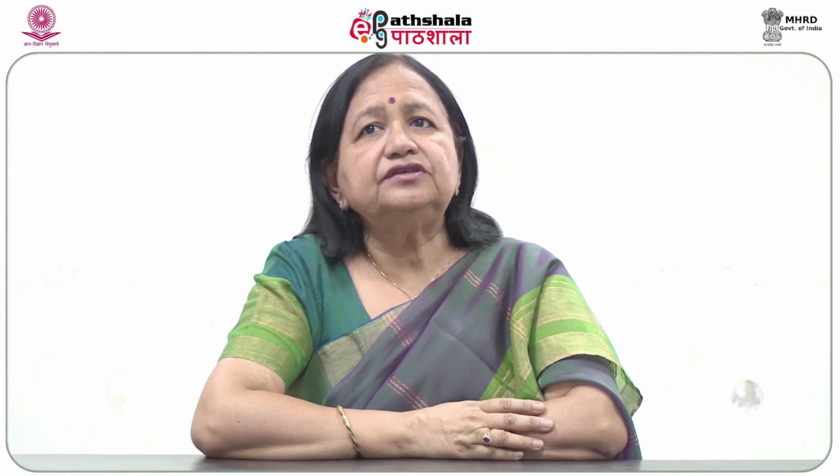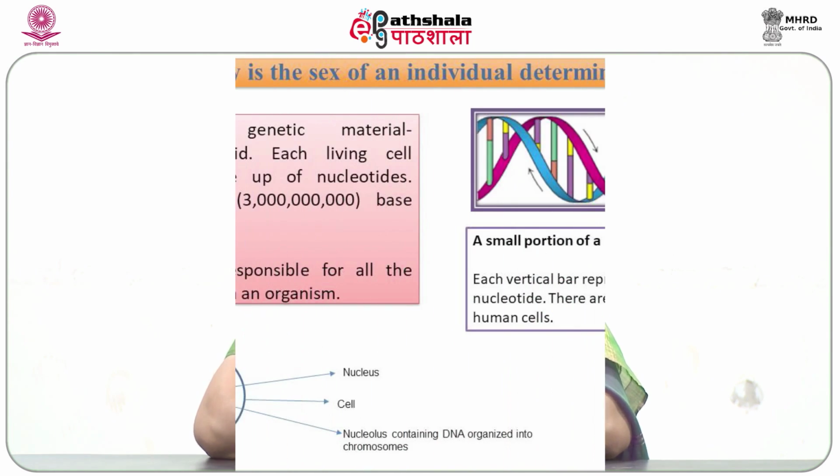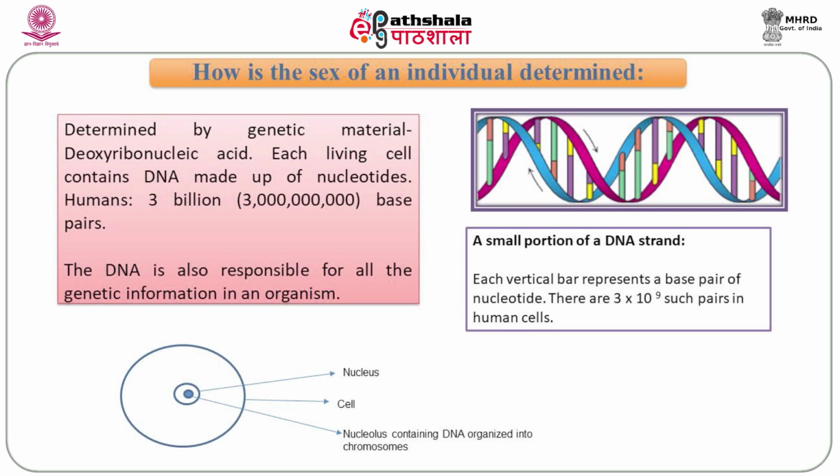Now, how is the sex of an individual determined? The diagram there shows the DNA, a small section of the DNA molecule, and each of the vertical lines indicates what are known as nucleotides. It is a length of nucleotides that tells us what function the organism has to perform in terms of genes.